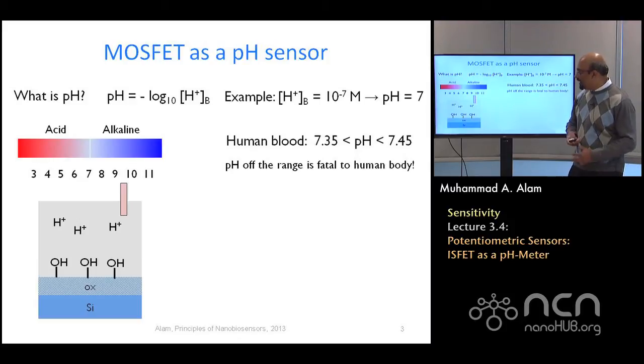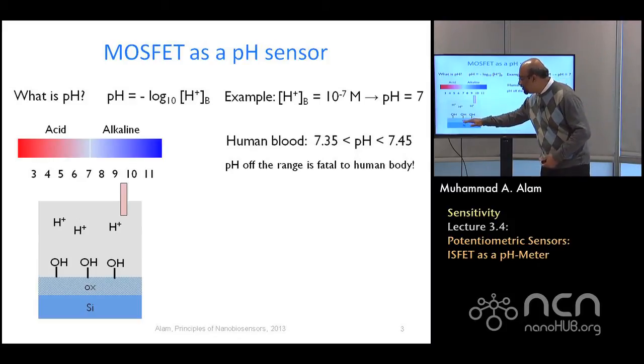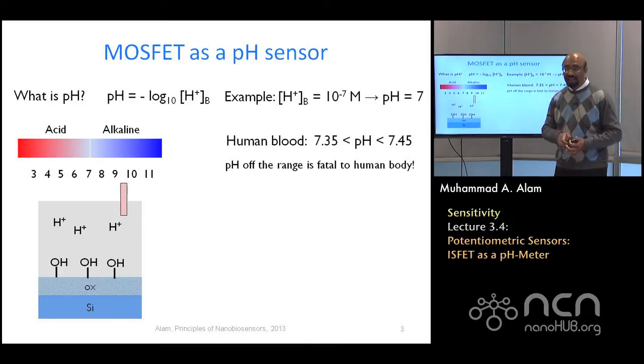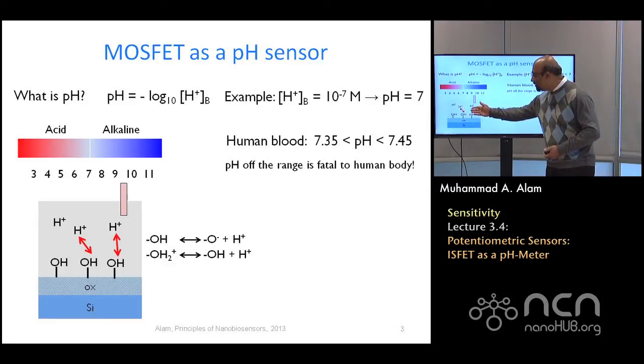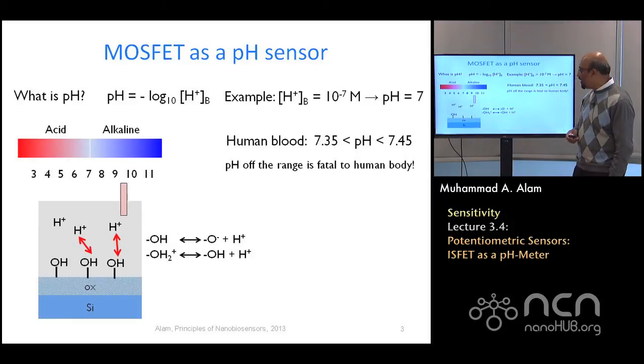Now, of course, in this case things are charge neutral, so there is nothing that the silicon channel can feel, unless this hydrogen has a dynamic reaction with the surface, and sometimes it can protonate, it can add a proton or take away a proton, and thereby make the entire surface charged.